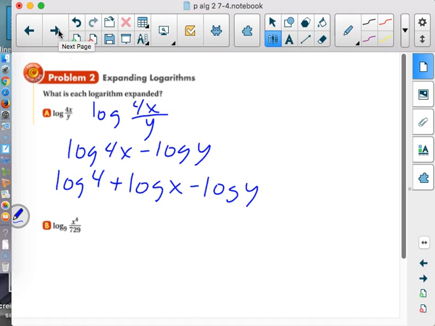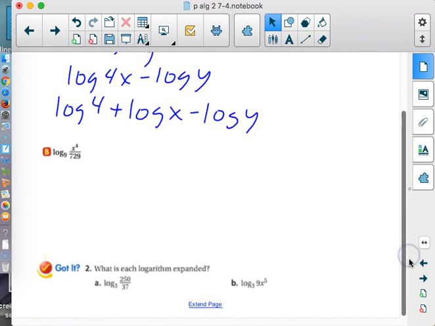Backwards, if it said condense, we'd look at that and say, okay, addition, that was multiplication, so that should be 4x. And then subtraction, we're going to subtract y, that means division, so it should be 4x over y. It has to work forwards and backwards. That's our expansion. Let's look at B.